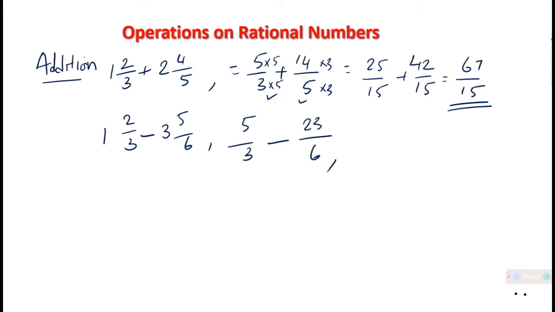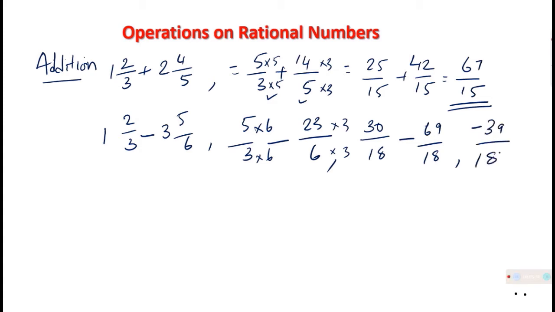You will see that the denominators are different. 18 is the LCM, so we can convert it into numbers with 18. Here you have to multiply with 6, so naturally it will be 30 upon 18 minus, here by 3, naturally it will be 69 upon 18, and your answer will be minus 39 upon 18. This is about subtraction.